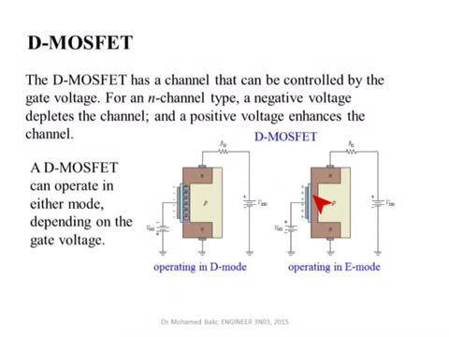This means you are attracting even more electrons, you are making this channel more rich in electrons because of this polarity on the capacitor. So this type of operation is called depletion mode operation. This type of operation is called the enhancement mode operation.